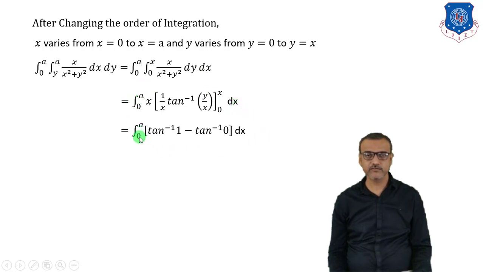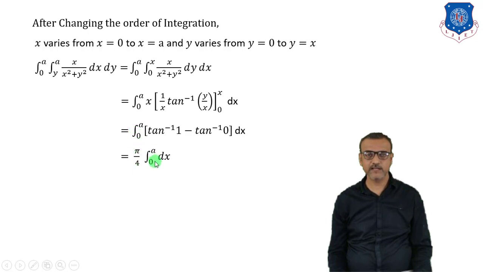Now this is equal to integration from 0 to a, where this x and x will cancel out. For the upper limit x, it becomes tan inverse x by x, that is tan inverse 1. Then minus, for the lower limit 0, it becomes tan inverse 0. The value of tan inverse 1 is pi by 4 and tan inverse 0 is 0. So pi by 4 minus 0, the answer is pi by 4.